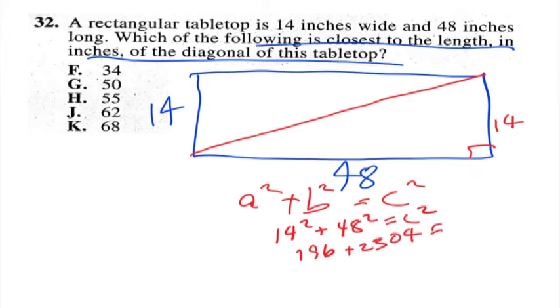When we add these together, we get 2500, and therefore the square root of 2500 would be 50. All right, so hopefully we can see now that the answer to this one is going to be G for 32.